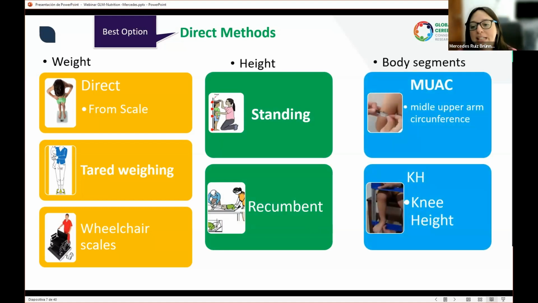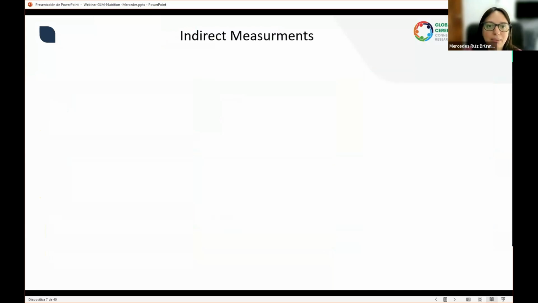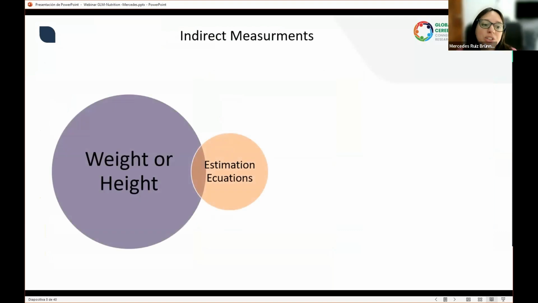We have also body segments, and the ones that we should always try to measure are middle upper arm circumference and knee height. We're going to talk a bit more, but we should always measure them in the regular practice.